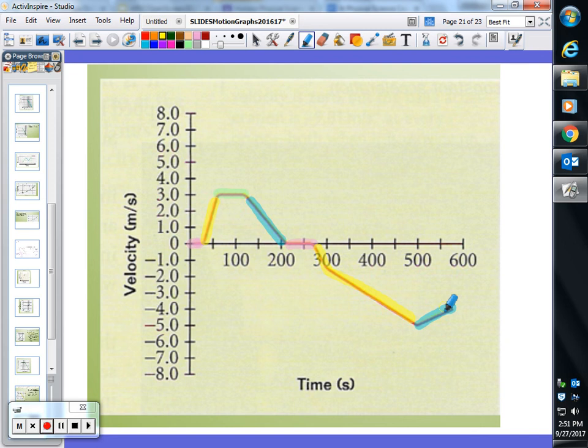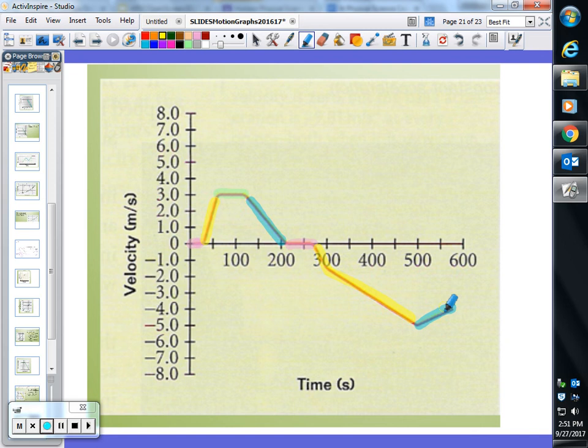But if we were looking at that object, what would we see during that blue section? It's slowing down as well. It goes from -5 to -4 to -3. It doesn't make it to -3 maybe, but the values are getting smaller, even though the line is going upward. Does that make sense?